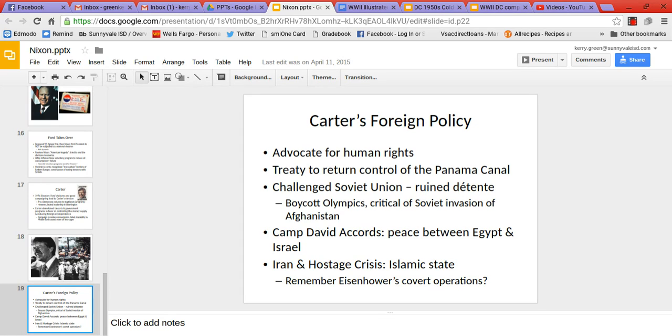And so you're going to have Carter left holding the bag with the Iranian hostage crisis. Tries a couple of rescue missions that don't work very well. Part of what triggers frustration too is Carter will allow the Shah of Iran, who's been exiled at this point, right?